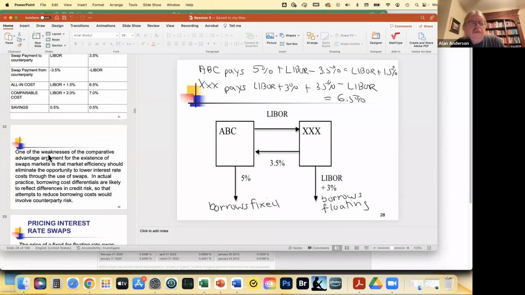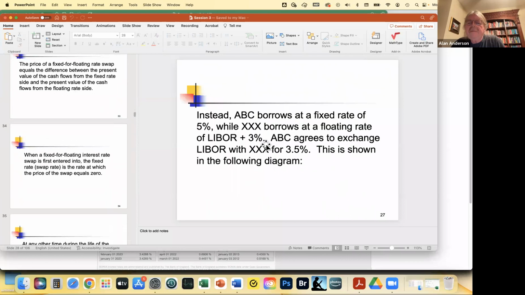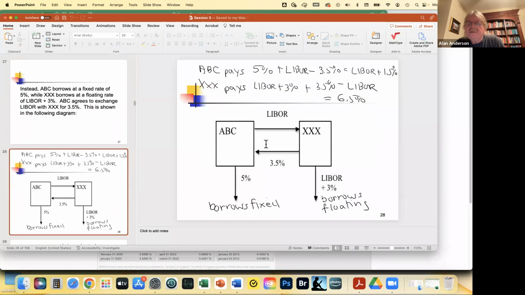By the way, these payments that you're seeing here will be repeated every so often. Here, for example, maybe this is a 5-year swap where there's one exchange of cash flows every year. This can be arranged to anything that's convenient for both counterparties, but it's understood when you enter into a swap that there are going to be multiple cash flows.